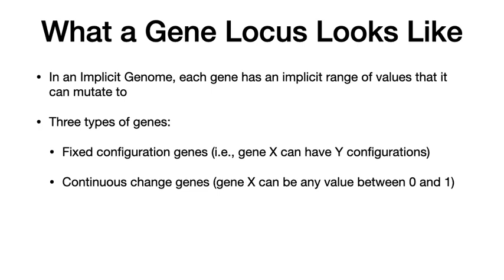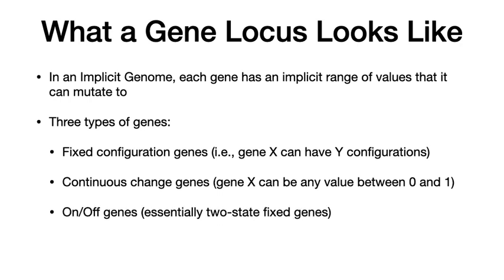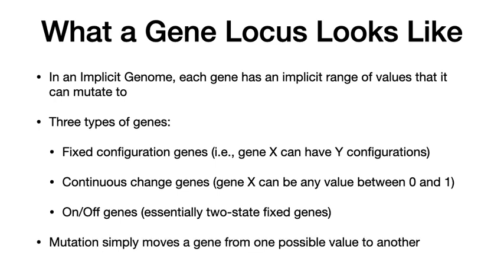That's the model SSR type behavior, so that mutations can go through a range. And then we have on-off genes, which are basically fixed configuration genes that have two states. A mutation simply moves a gene from one possible value to another. That's what our mutations do.